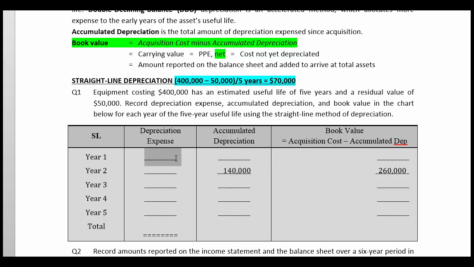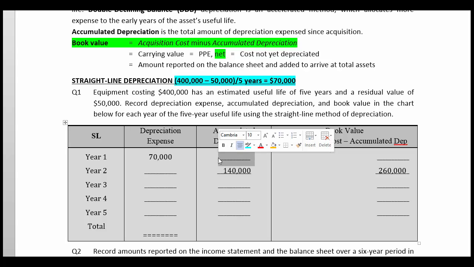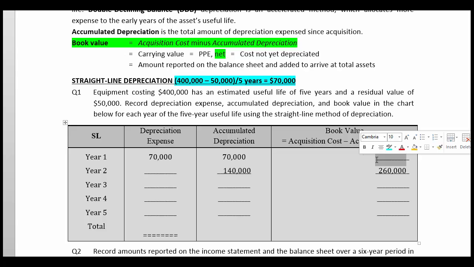So year one, depreciation expense, 70,000. That would mean accumulated depreciation in year one is also going to be 70,000 because that's the total amount of depreciation that you recorded so far. Book value would be 400,000 minus the accumulated depreciation, minus 70,000, equals 330,000.